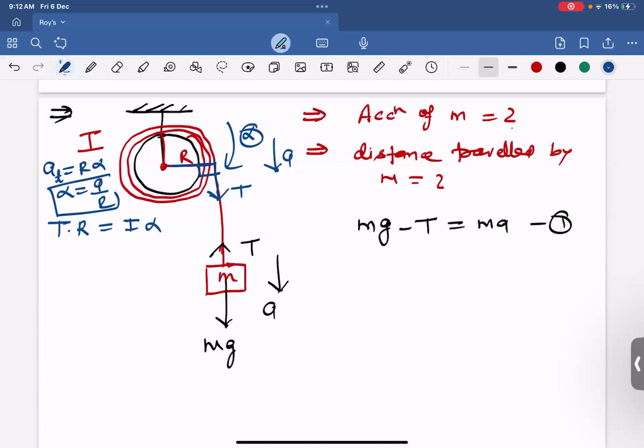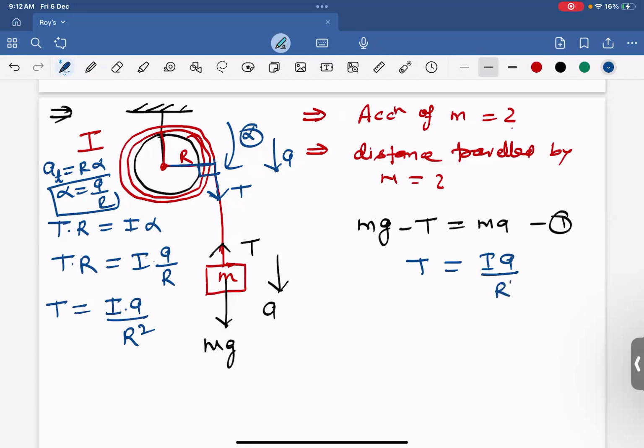So alpha I can write a by R. So it becomes T into R is equal to I into a by R. R, if I take this side, Neil, it becomes T is equal to moment of inertia into a by R square. So I make this the second equation: T equals I into a divided by R square.